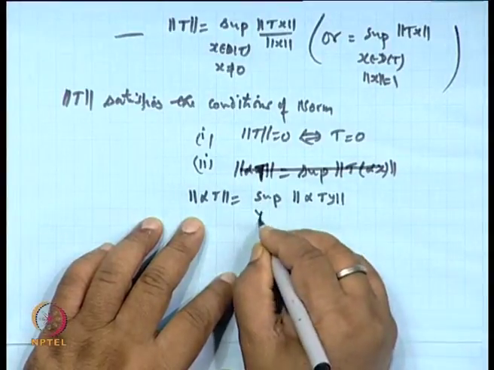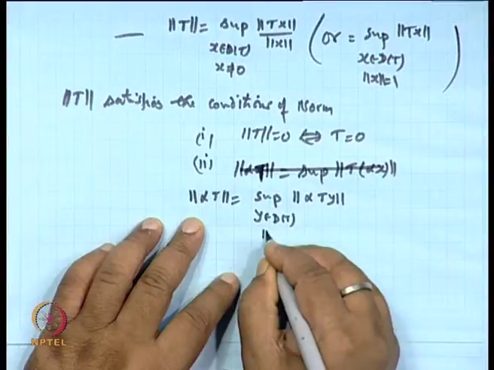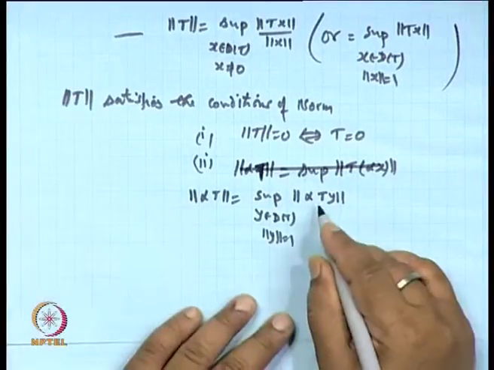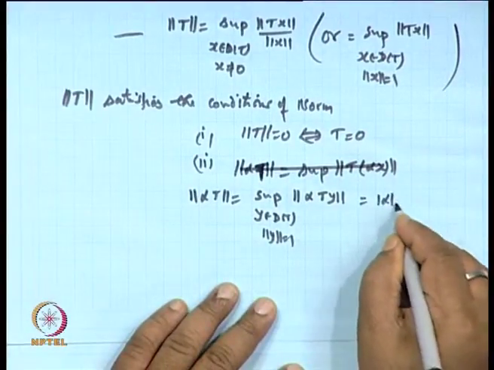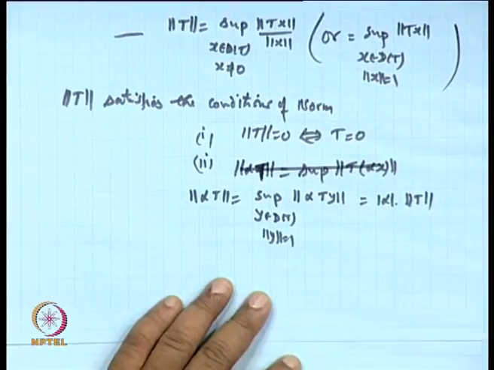I am taking the second definition, y in D(T), norm y equal to 1, but alpha can be taken outside and we get mod alpha times norm of T.